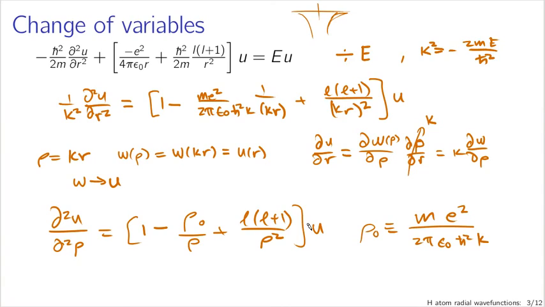This is the equation that we're going to want to solve, and the approach we're going to take to solving it is going to be very similar to the approach that we took when we were working with the quantum harmonic oscillator in one dimension. We're going to, in the end, use a power series to solve this equation. But before we use a power series, it's good to think about what the solutions to this might look like for very large or very small values of ρ in this case.